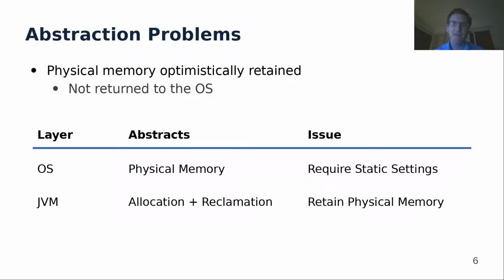Next, the JVM further abstracts memory by automatically managing all object allocation and reclamation in its own heap. However, since the heap management is not based on physical memory availability, the JVM becomes opportunistic. To improve performance, it'll delay its GC even if it holds mostly garbage.